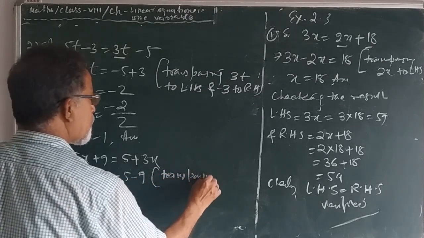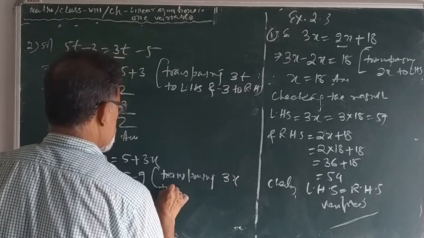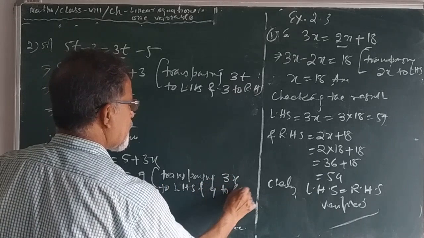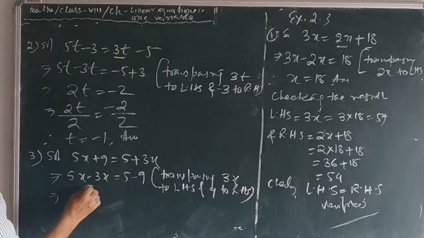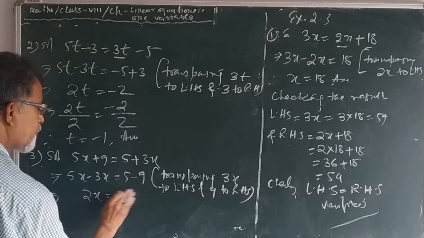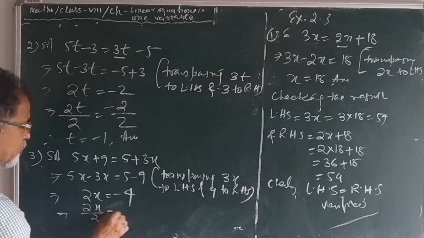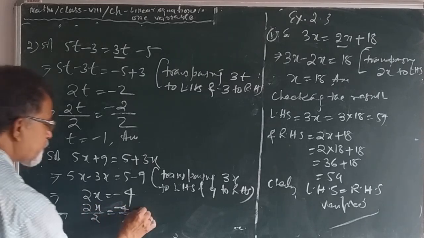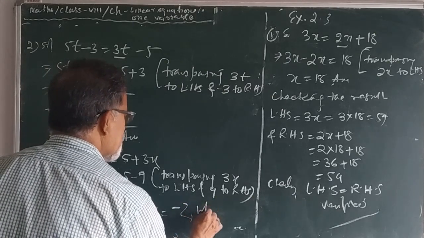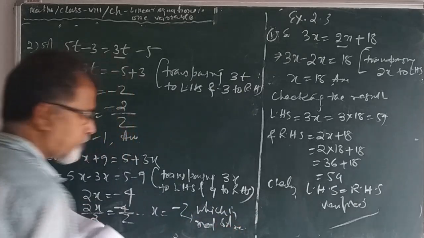Transposing 3x to LHS and 9 to RHS. 5x minus 3x equal to 2x, 5 minus 9 is equal to minus 4, 2x by 2 equal to minus 4 by 2. Therefore, x is equal to minus 2, which is the required solution.